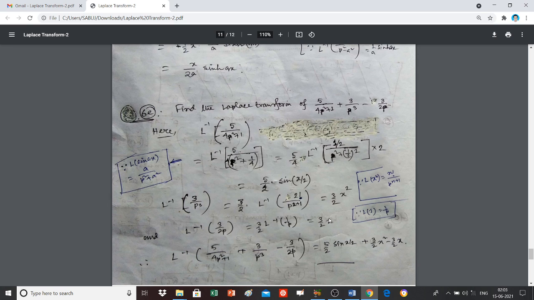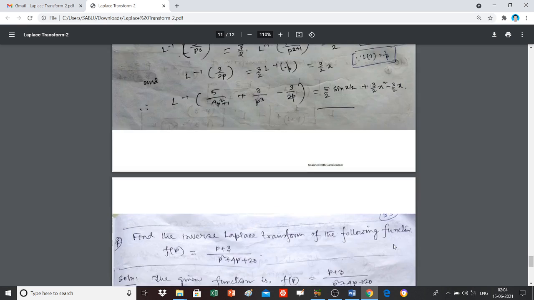This x should not be there, you should correct it, 3 by 2. So L inverse of these terms will give you this result, but the last term is 3 by 2, okay, not x, 3 by 2.